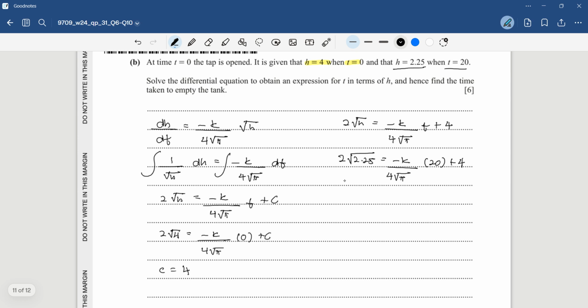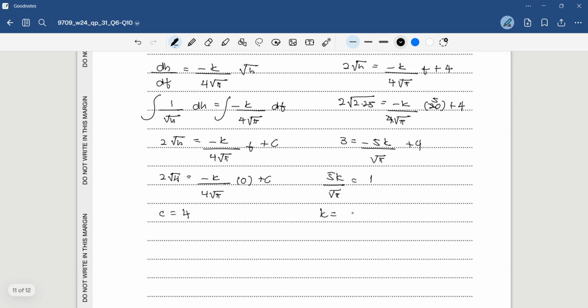So press a calculator, you will get 3 equal to negative 5k over √π plus 4. Therefore 5k over √π equivalent to 1.